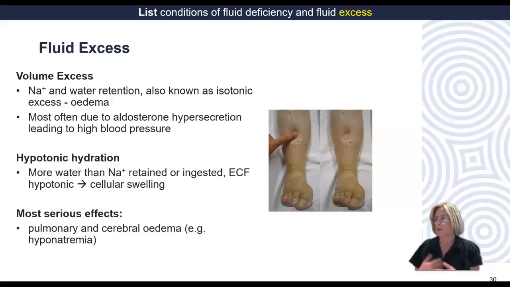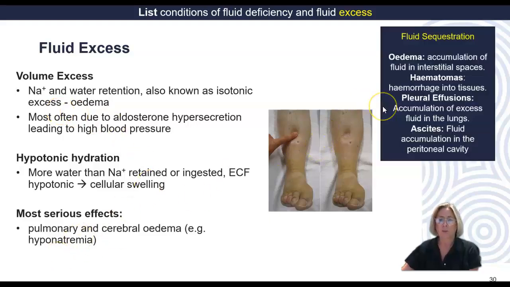Or if somebody has been exercising very heavily in hot and humid conditions, they might have to have hypotonic hydration. The most serious effects of fluid excess, though, is obviously when it accumulates in the lungs to cause pulmonary edema, and also in the brain to cause cerebral edema.